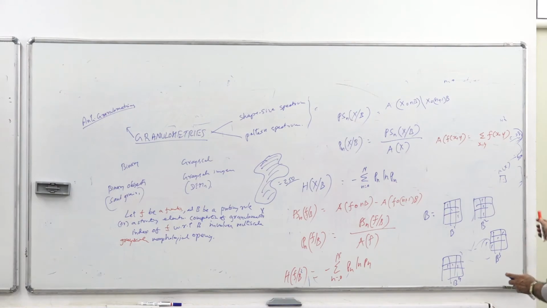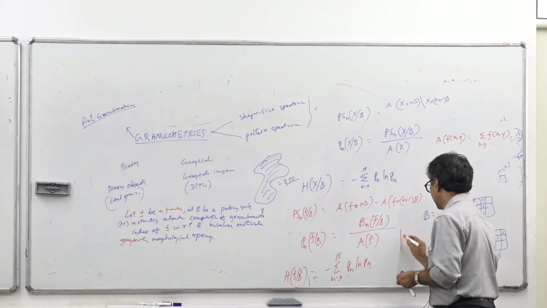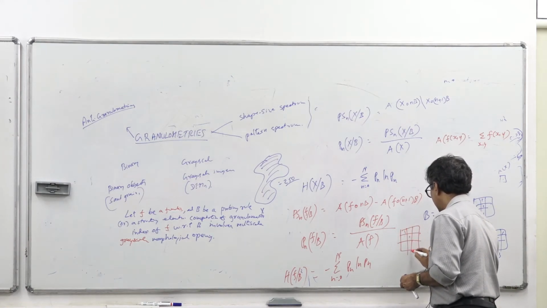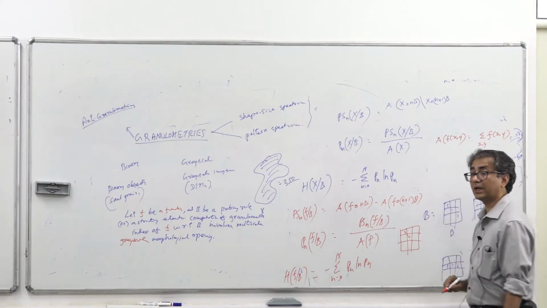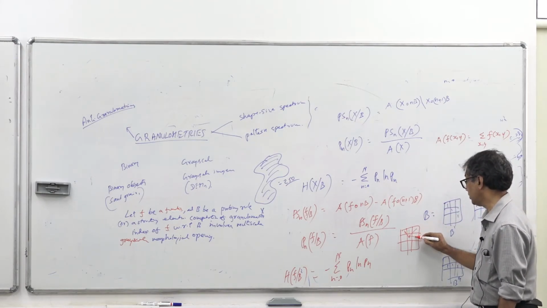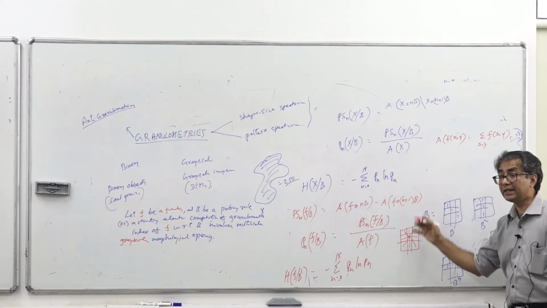So can we make them into still more directions? Probably I can take this and this as one direction: V1, V2, V3, V4, V5, V6, V7, V8, 8 directions.